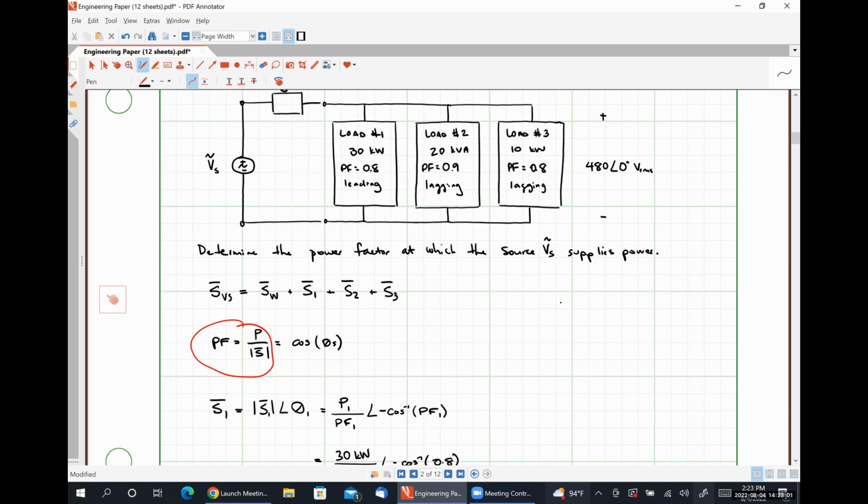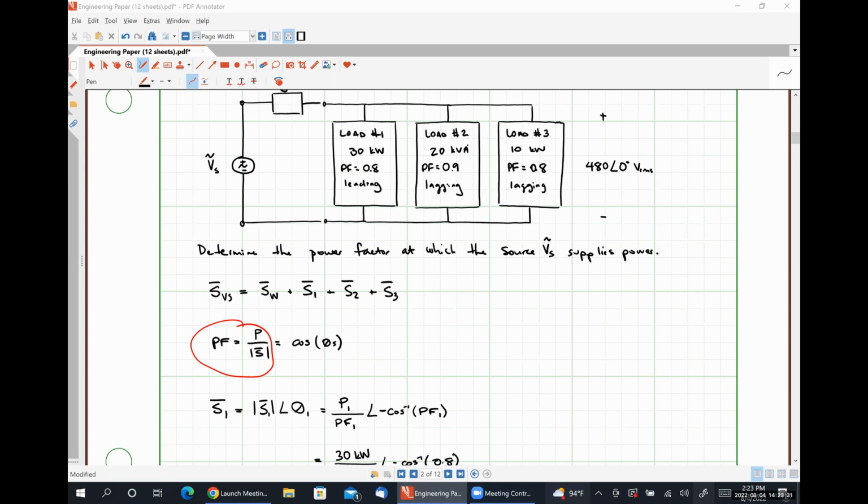Does this 20 kilovolt amperes represent average power, reactive power, or apparent power? The watt is the unit of average power, and the volt ampere is the unit of apparent power.